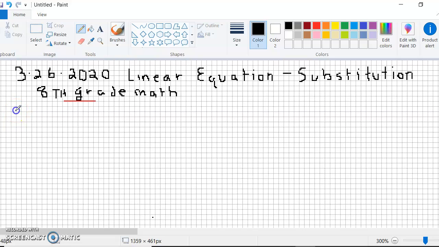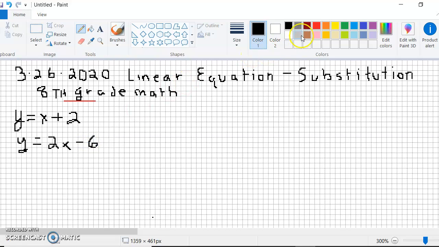All right, so we have y is equal to x plus 2, and then I have y is equal to 2x minus 6.